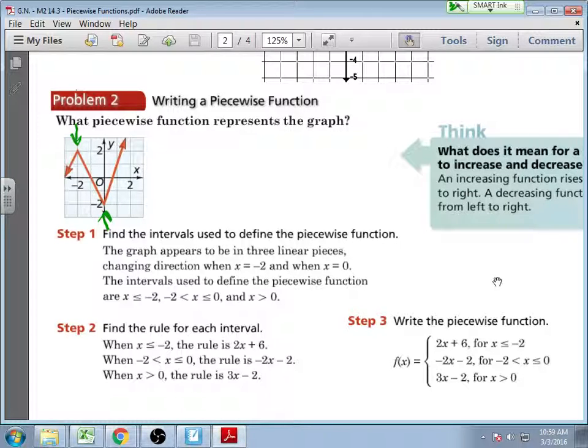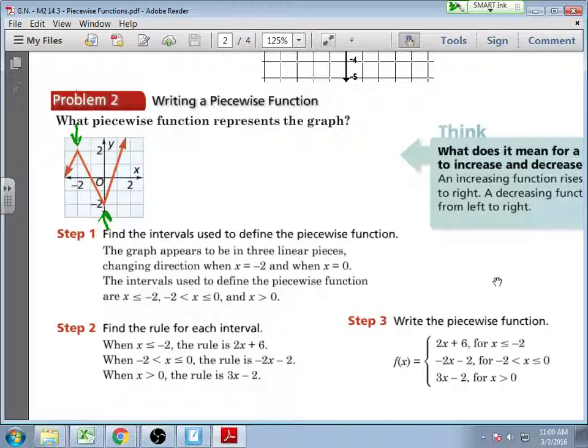Now when we go to write this out, we determine which function or which graph includes that domain point and which one doesn't.